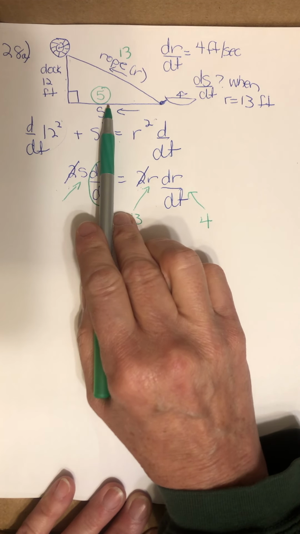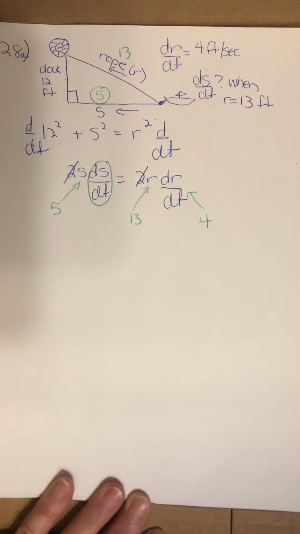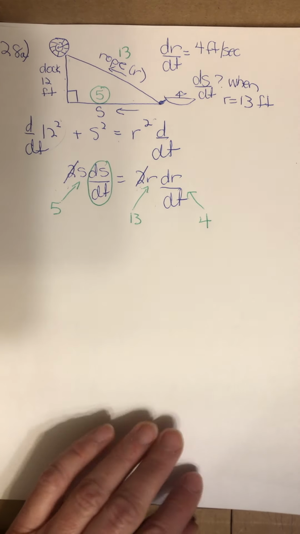This makes a right triangle 5, 12, and 13, and so we do have the 5. There we go. Now you can pop in your values and get ds/dt alone.